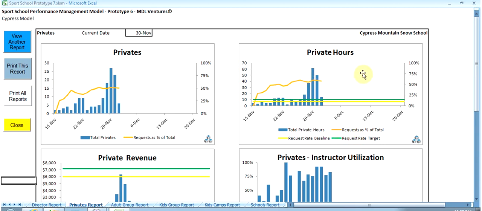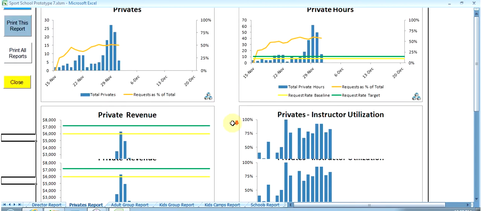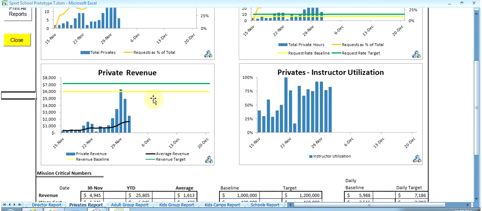In the private hours, we compare your requests as a percentage of total to request rate target and your request rate baseline. Private revenue compares total revenue on an average daily basis to your baseline and again your target.